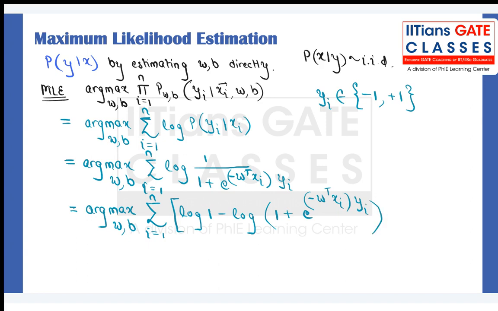Now, I hope every one of you knows the value of log 1 is 0, right? So it boils down to argmax over w comma b of minus summation i equal to 1 to n log of 1 plus e to the power minus w transpose xi times yi.